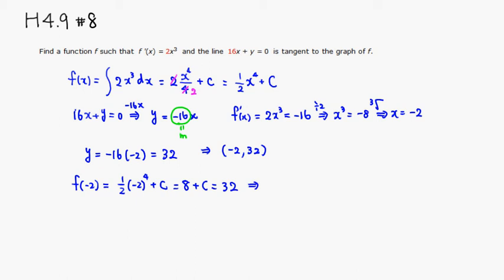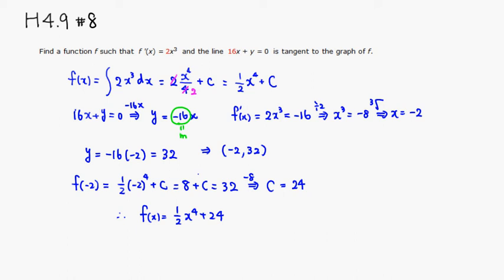Which means that we can subtract 8 from both sides. So we're going to have 24. So c is equal to 24, and therefore we found the complete formula for f of x, which is 1/2 x to the 4th plus 24.